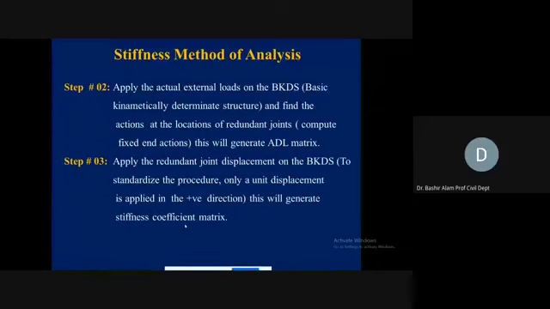Step number two: apply the actual external loads on the basic kinematic determinate structure and find the actions at the locations of the redundant joints. Those will be the fixed end actions, and they become the values of the ADL matrix. Again, you can see the resemblance. In the flexibility method, the basic determinate structure, which was the release structure, was subjected to the actual loads.